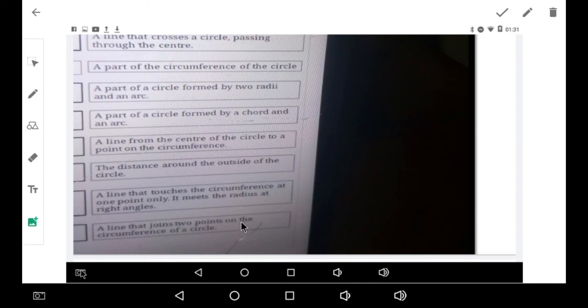Tangent, okay, that's really a tangent. A line that joins two points on the circumference. That is a chord. Okay, so we have that.